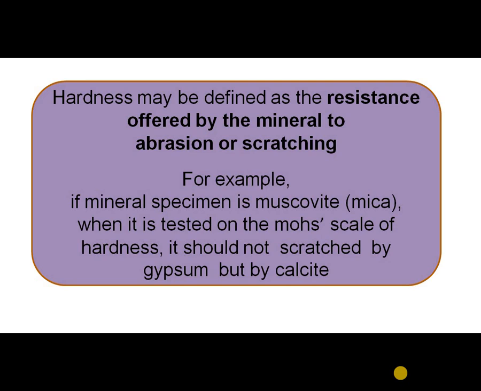So the Mohs hardness scale can be seen in the next slide. Until then, we just remember muscovite is not scratched by gypsum and can be scratched by calcite. That means its hardness is between gypsum and calcite.